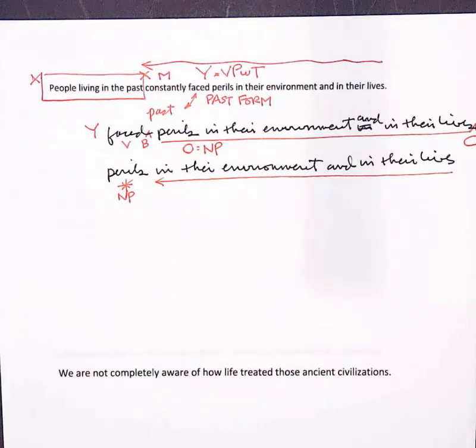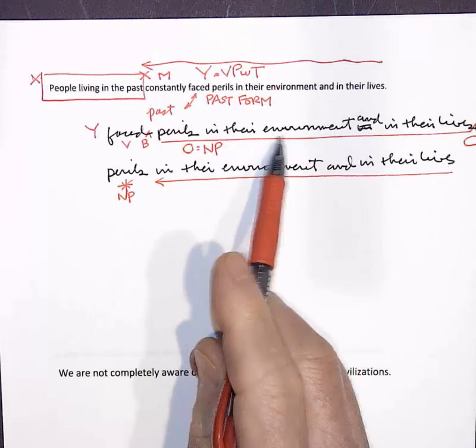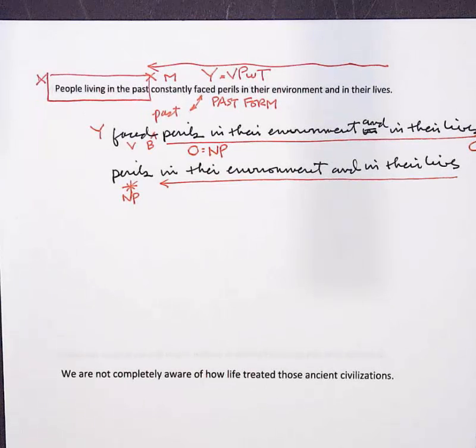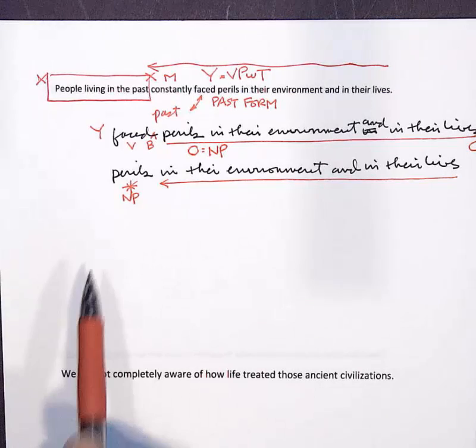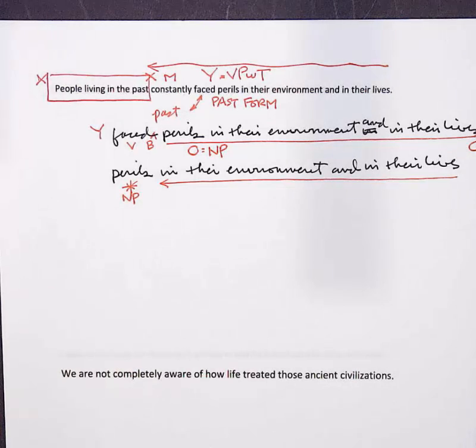Now, if you analyzed it as perils as the object and in their environment and in their lives is the complement, excuse me, I think that would be fine too. Either of them would be good ways to do it. I like this way because then it explains a little bit more about what kind of perils instead of explaining where they were. So maybe we'll go with this interpretation since I've already written it down.